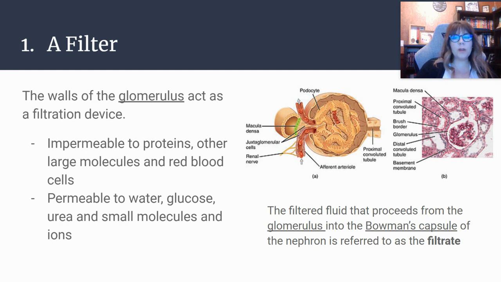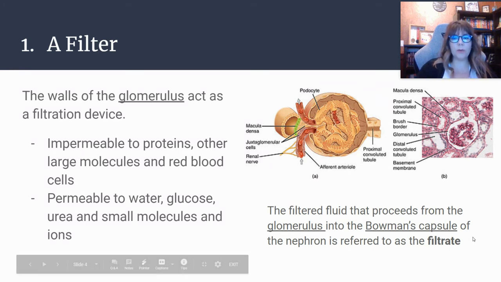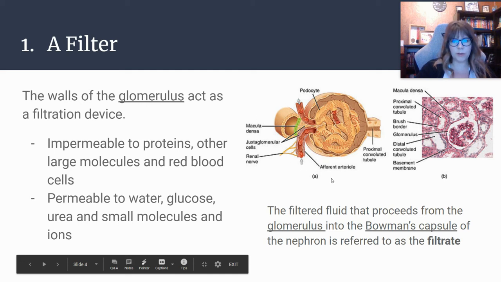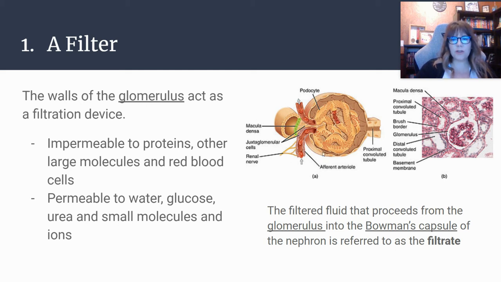Now, what's really important to this glomerulus is the things that it's impermeable to, meaning things that can't go through, and things that are permeable, meaning things that can go through. So if we're looking at this picture right here, don't worry about these words. We're not going to learn those. But essentially, we're looking at this structure here, and you can see blood flow in and blood flow out.